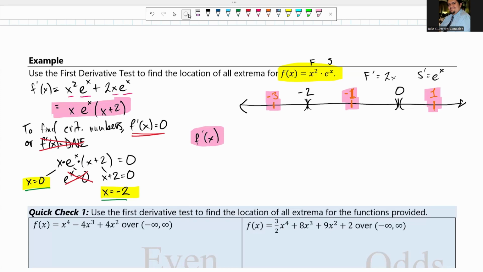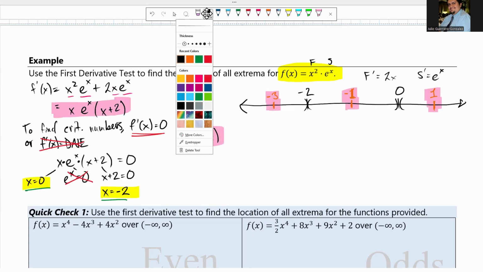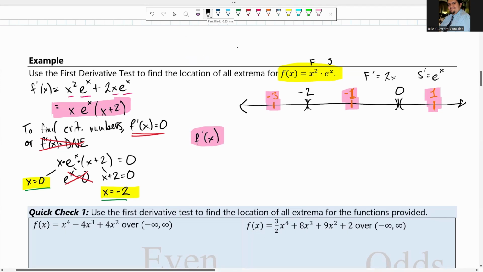What I really care about is not particularly the value, it's the sign of the value. I just need to know if it's positive or negative. That's it. So if I grab -3 and plug it into f prime, I'm going to get -3 e to the -3 times -1.